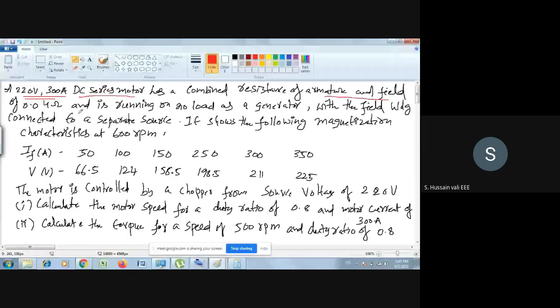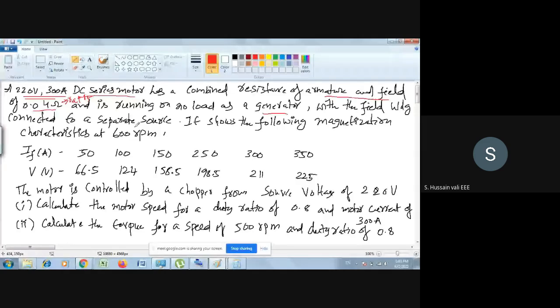So the RA plus RF value he has given in the problem is 0.04, and it is running on no load as a generator. That's important. So it is running on no load as a generator, with the field winding connected to a separate source.